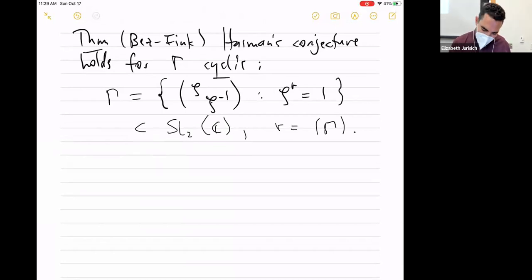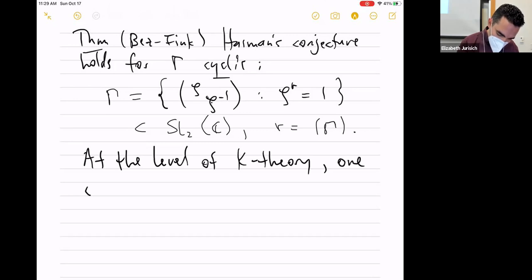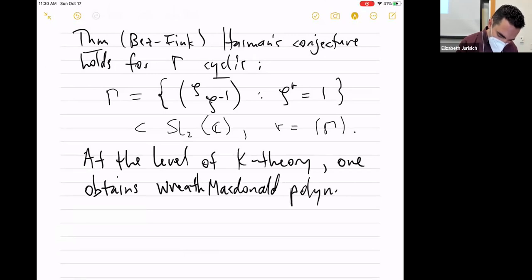And so what you get, at the level of K-theory, one obtains wreath Macdonald polynomials, P_lambda^Gamma.